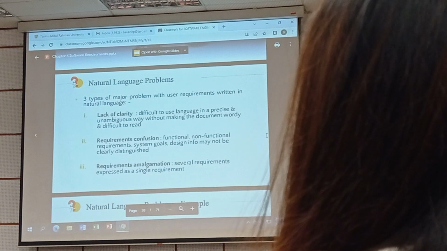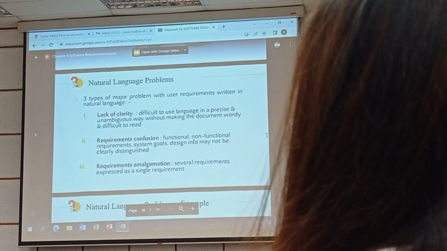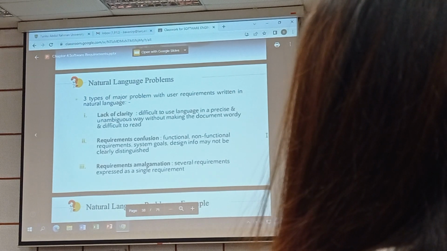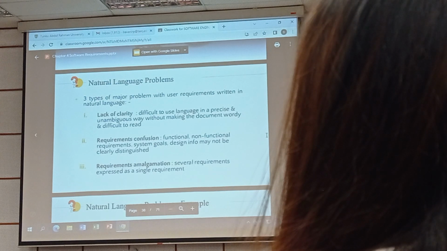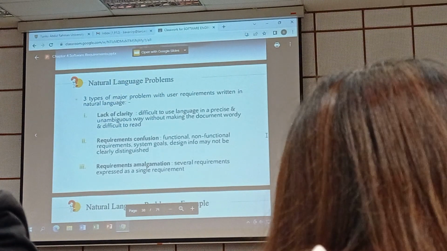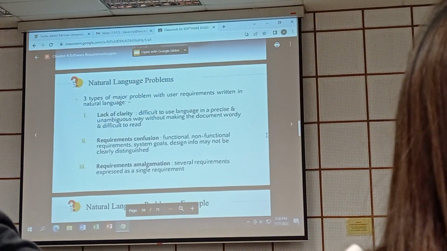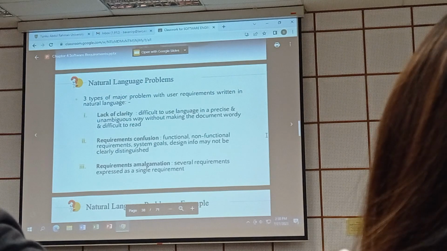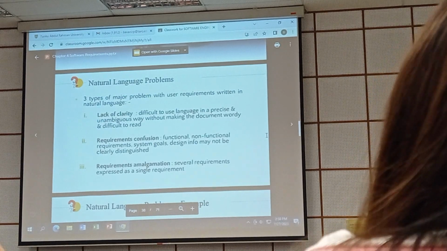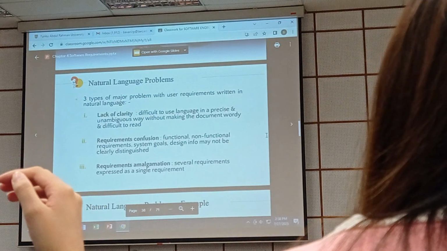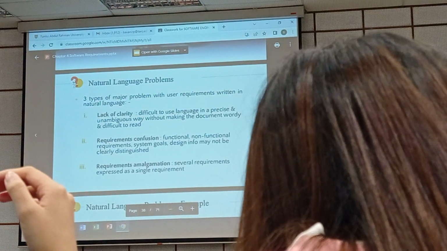Very good. Plan driven and agile approach. Across the software process models, in some the user knows what they want, and in some they don't know what they actually want. Isn't it? So that means the requirement confusion happens here.